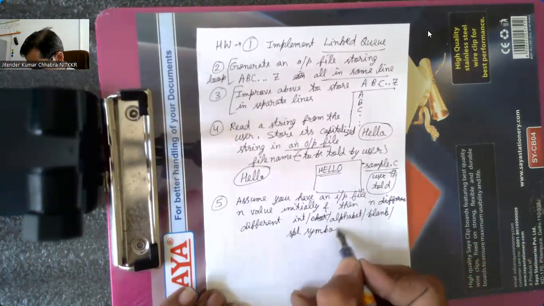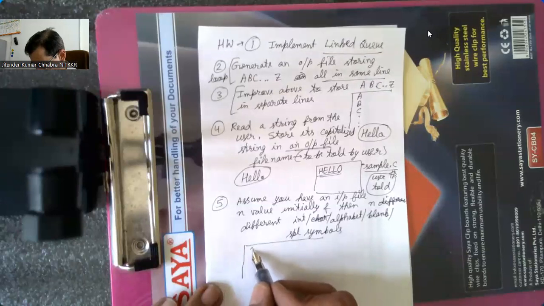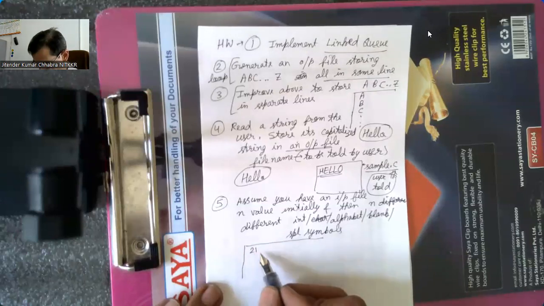Meaning I have a file something like this. Let's say here I have written 21. It means the total 21 characters will appear here.